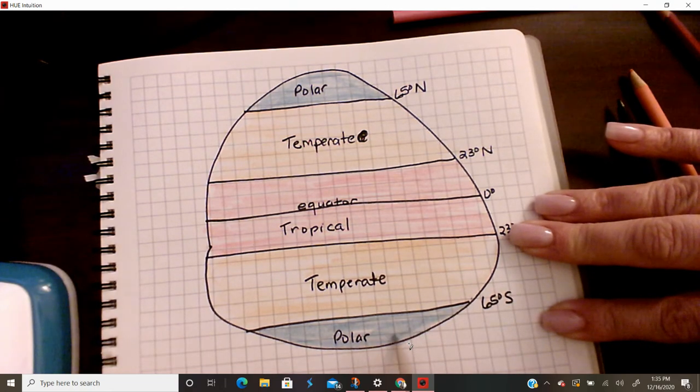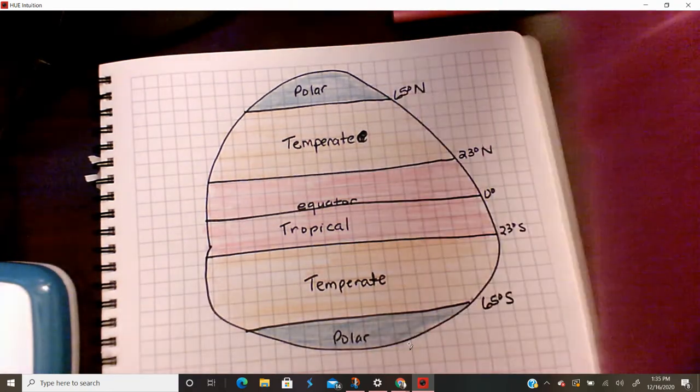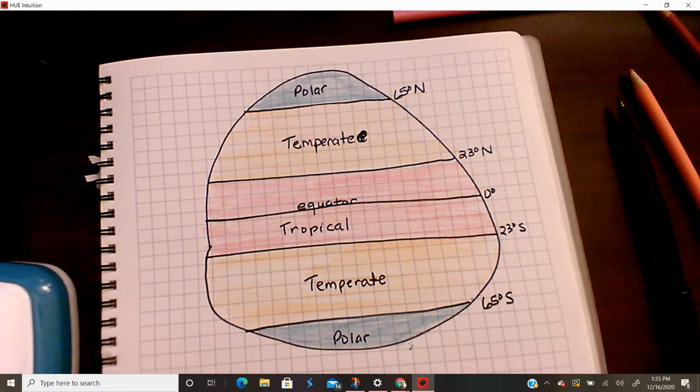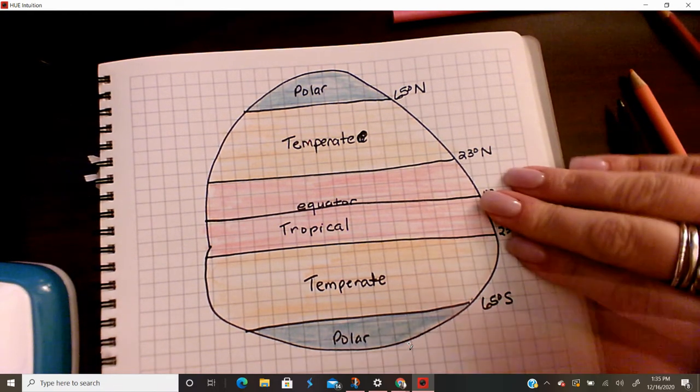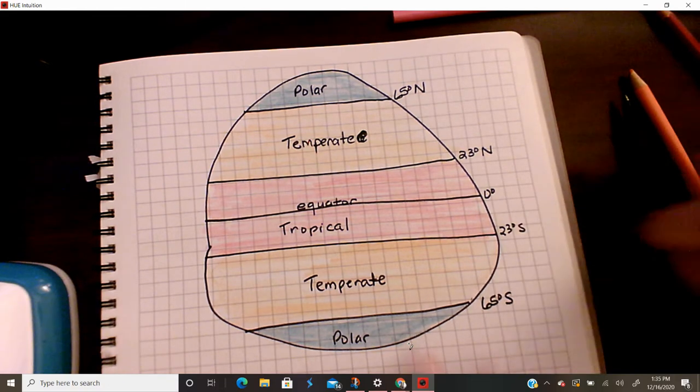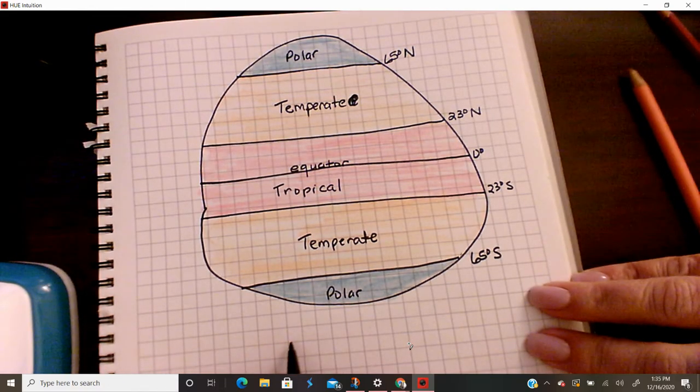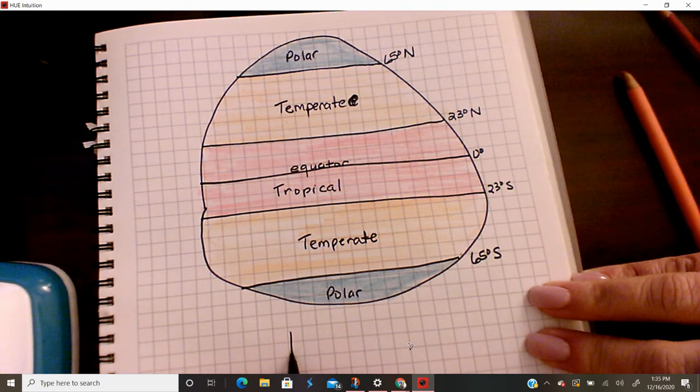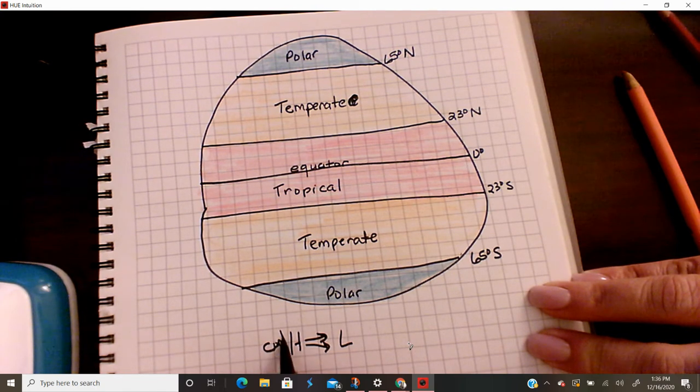Just like you can predict that the tropical climate will always be warm. Now, here's the thing. As with all of our winds, every time we've studied wind, we have talked about how winds blow from the cold high pressure to the low pressure warm, right? And so here's the thing.